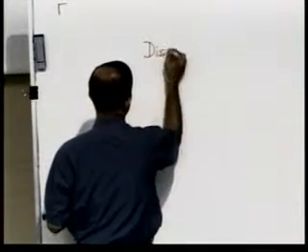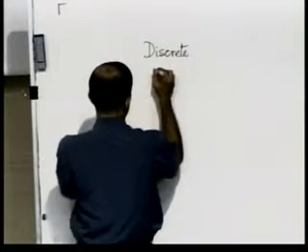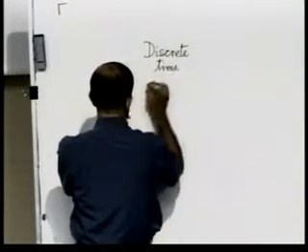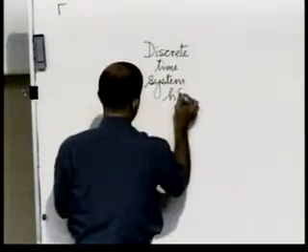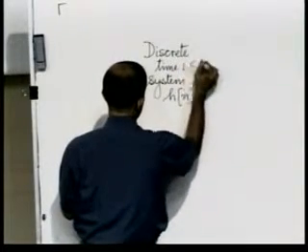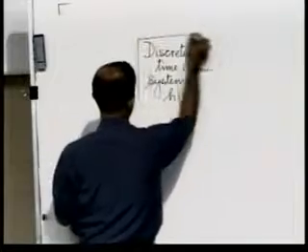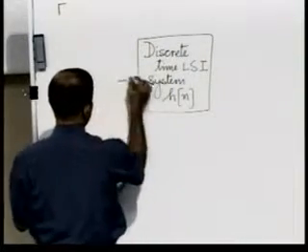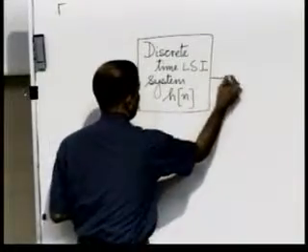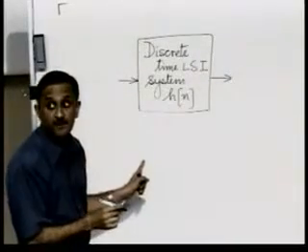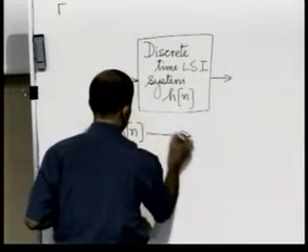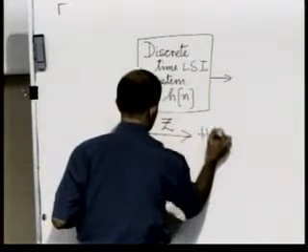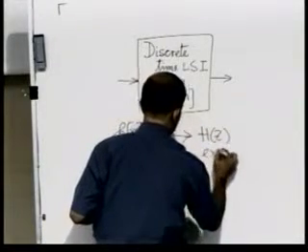If you have a discrete time LSI system with impulse response h[n], and if h[n] has a Z transform, what do we mean by saying it exists?